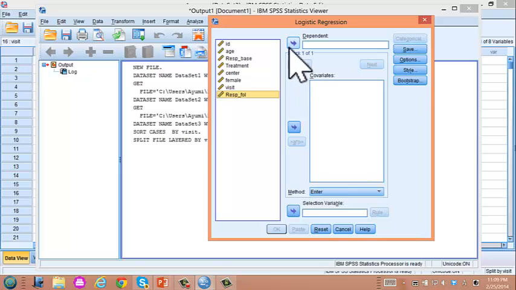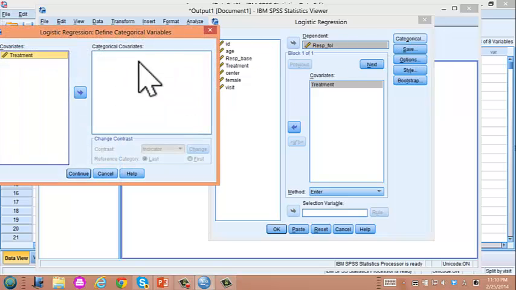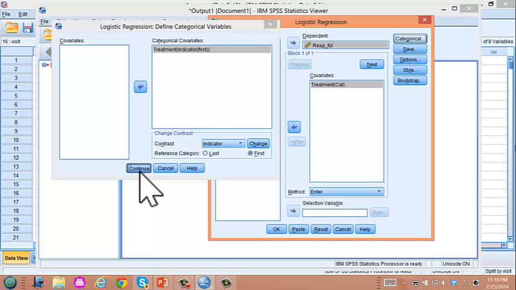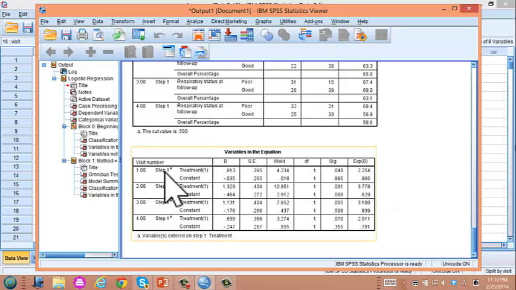And so you put the follow-up respiratory function outcome as the dependent and treatment as the covariate, and let's specify the categorical box, and we want the first category to be the reference, and okay, right? So this is how I computed the visit specific odds ratio of the treatment on the improvement of respiratory function.